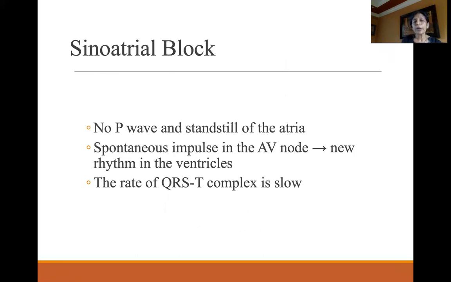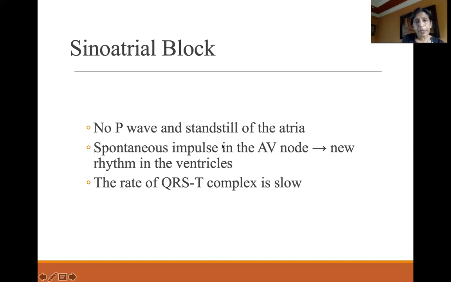Okay, so now let's talk about the individual structures within the conduction system, and how one structure may affect the electrical activity, how it deviates from the normal electrical condition.